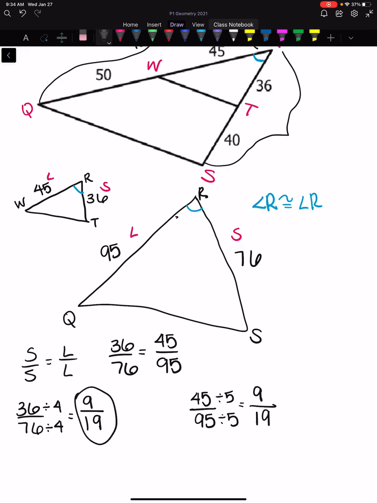So both of these fractions reduce to the same number, 9 over 19. So I know that these two sides are proportional to each other, which means that these two triangles are similar by side, angle, side.